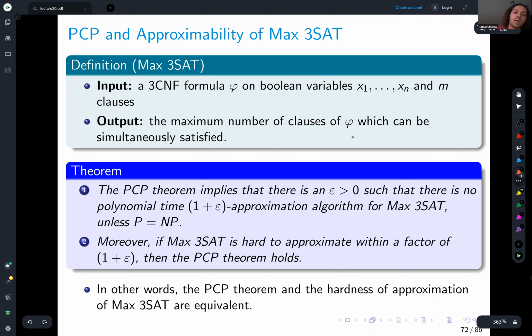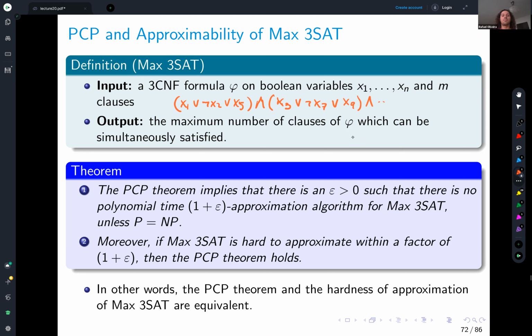It's a big AND of ORs, so (x1 or not x2 or x5) and (x3 or not x7 or x9) and so on, and all these clauses have exactly 3 literals.